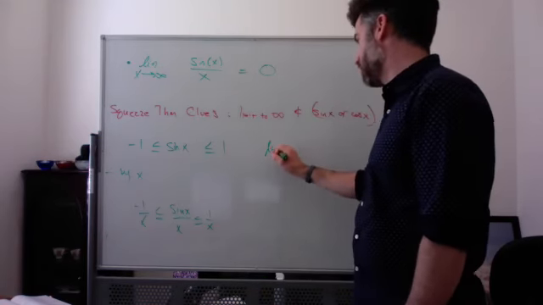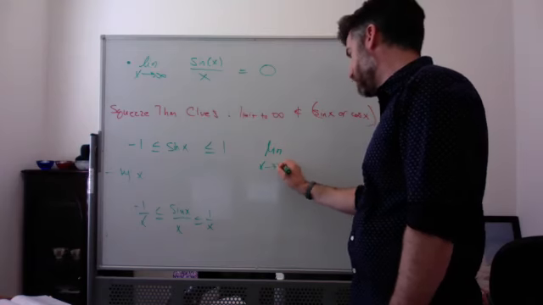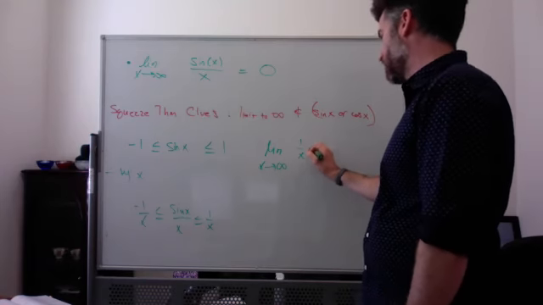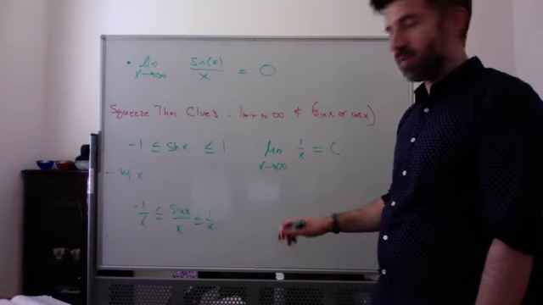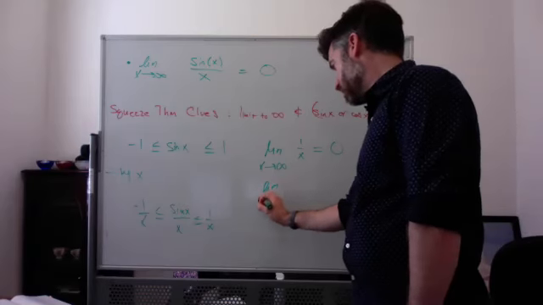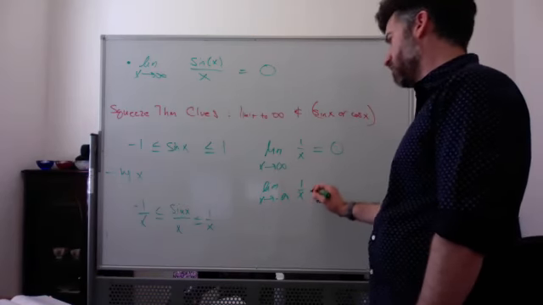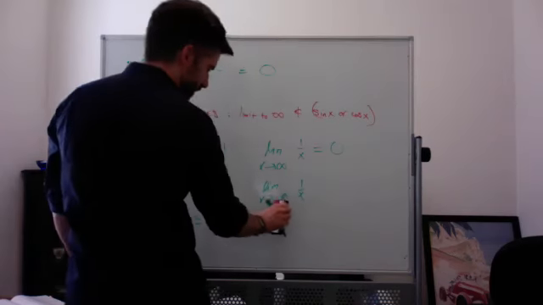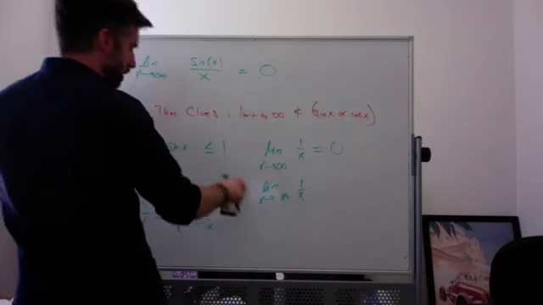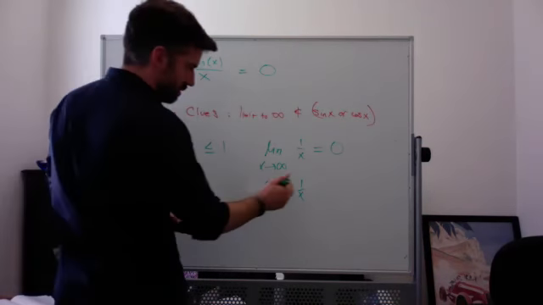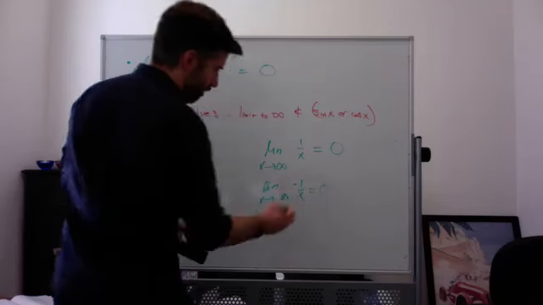So the limit as x goes to infinity of 1 over x, well, that's 0. The limit as x goes to infinity of -1 over x, excuse me, is also 0.